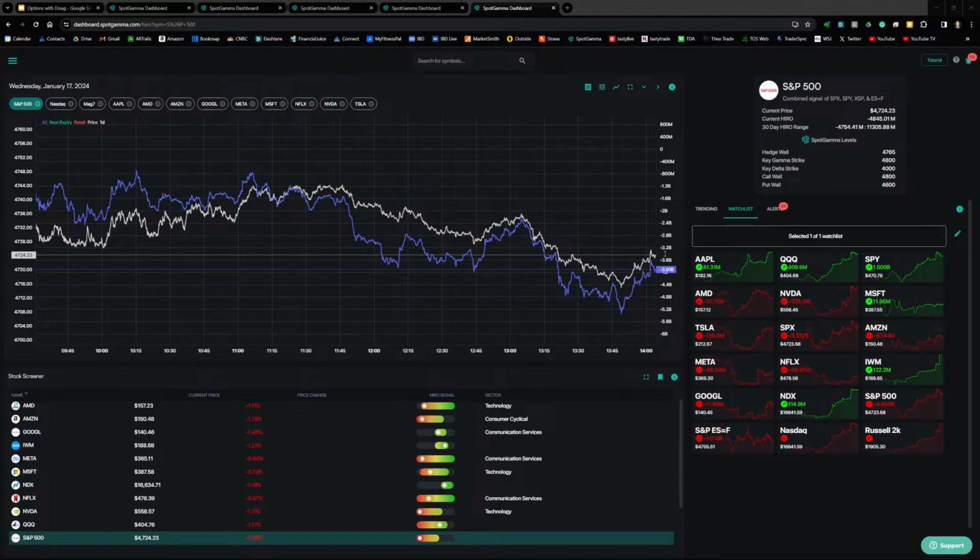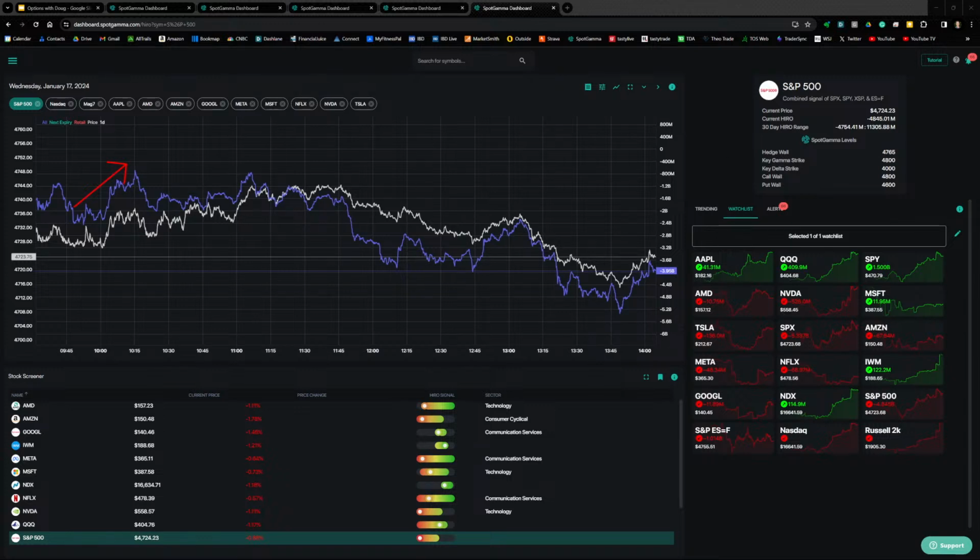And on the other hand, a rising HERO signal indicates traders are taking positive delta positions. And that led to this setup this morning. Traders are buying calls and/or selling puts, and market makers take the opposite side of that, and they have to buy futures to hedge their delta exposure.